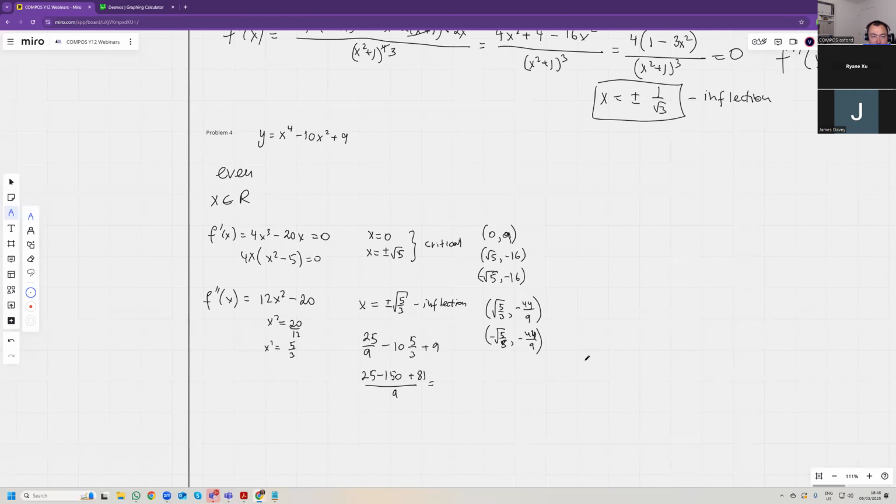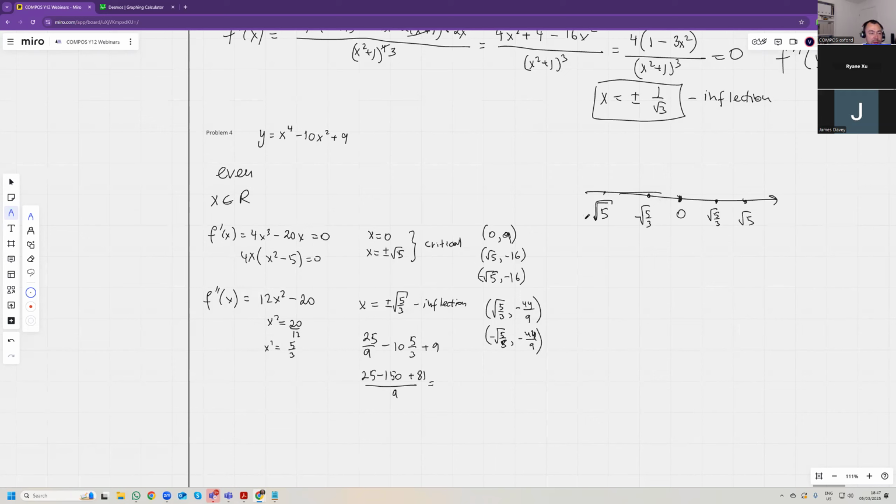And then I quickly draw the points. So we have 0, root 5 over 3, root 5, minus root 5 over 3, minus root 5.